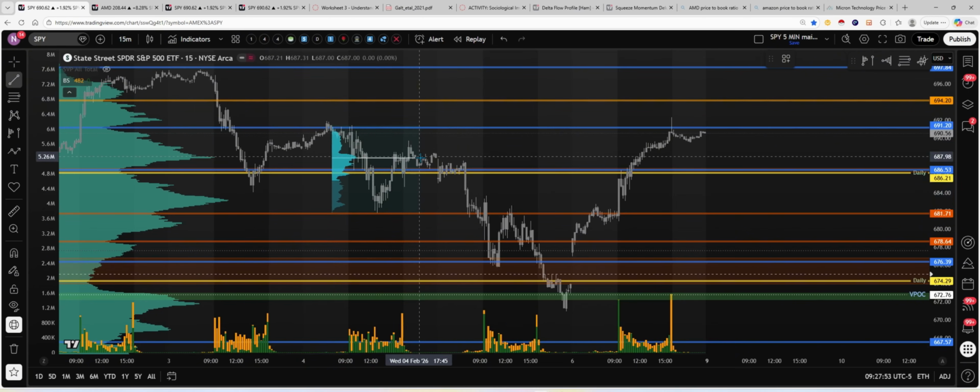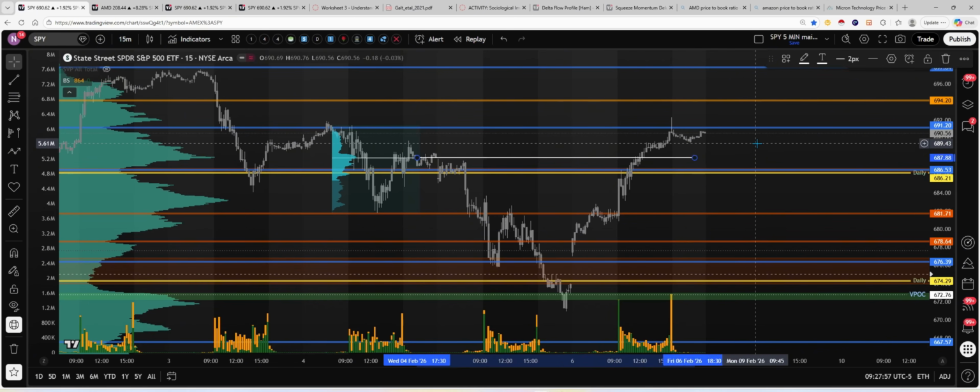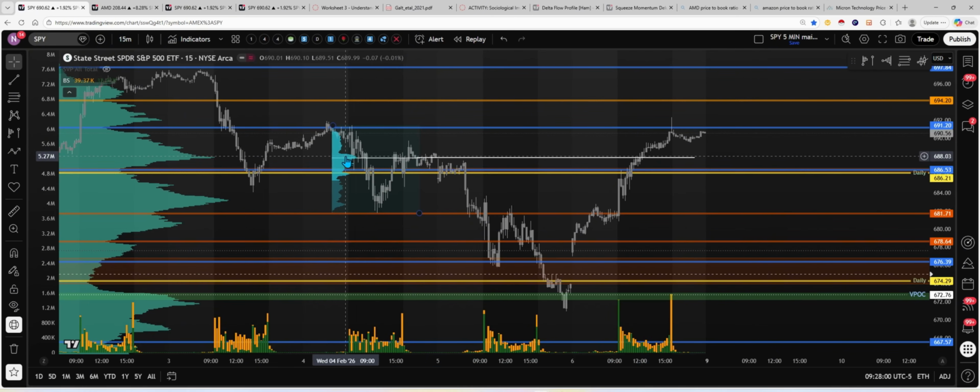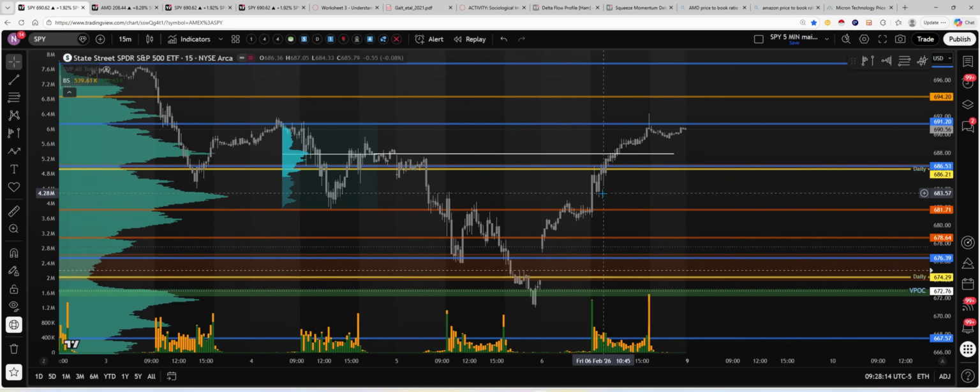This would be a virgin point of control where, if we thought about this as the previous day's point of control, this day would have been a great opportunity to go short off the fail of it. But again, it was never really fully tested, so that's probably going to be a bullish target if we do start moving up.